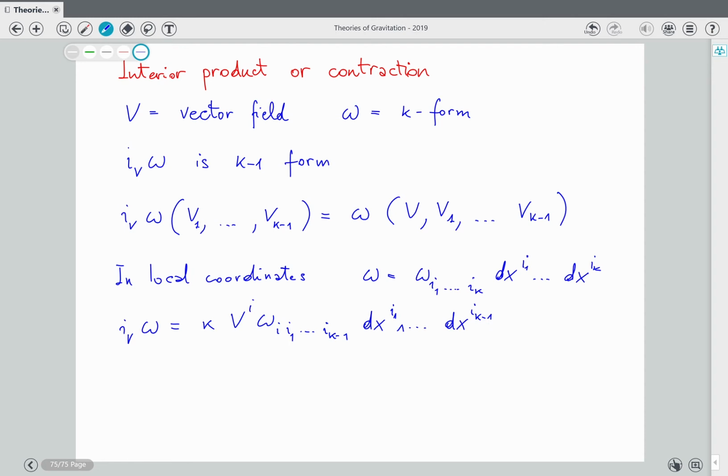That takes care of the 1 over k factorial and 1 over k minus 1 factorial that you have in the other notation. So if we insist with this notation for the forms, then you have this k.